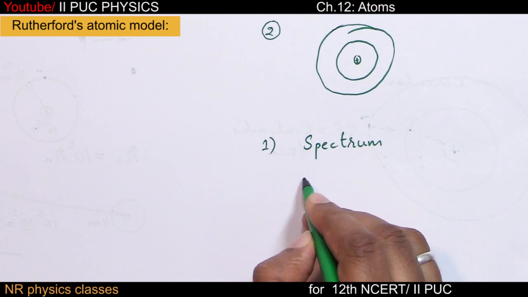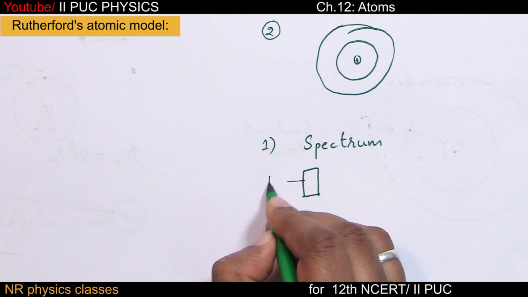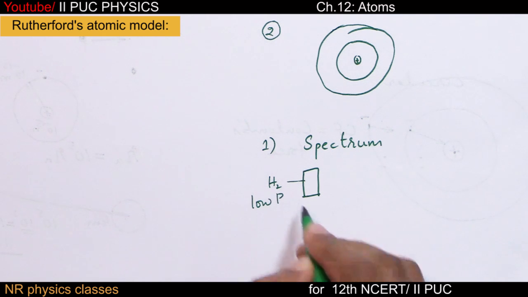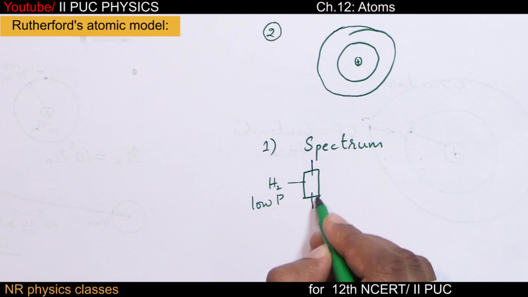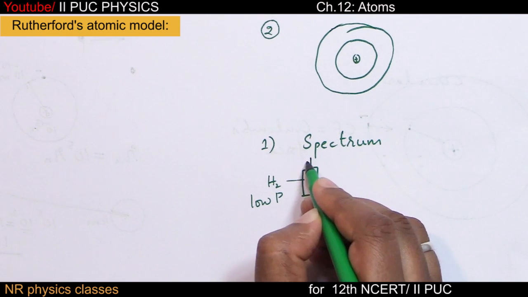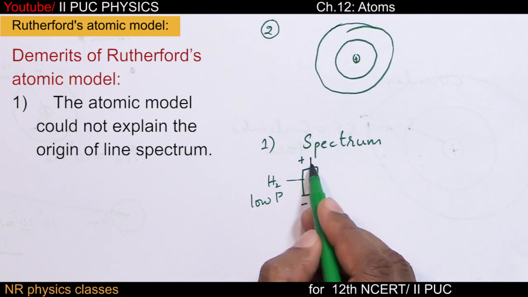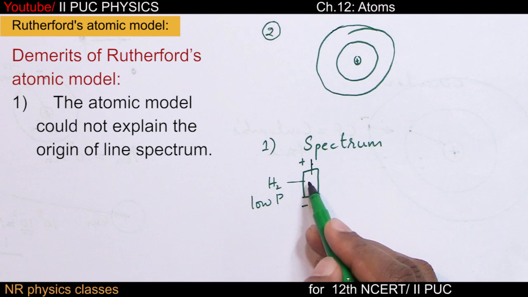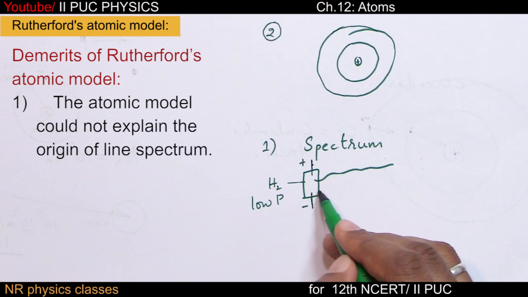For the time being, suppose this is a glass chamber filled with hydrogen gas at low pressure, and they are provided with two electrodes, one connected to positive, the other connected to negative. Because of a suitable potential difference, the hydrogen gas at low pressure starts emitting radiation.